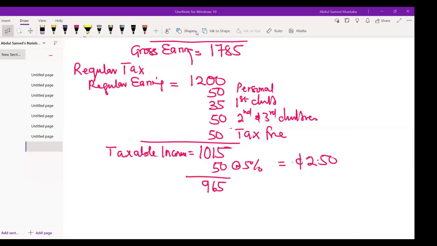So 965. We go to the next schedule. Look at the schedule and see what is next. And you will get 560 at 10%. 10% of 560 is what? 56.